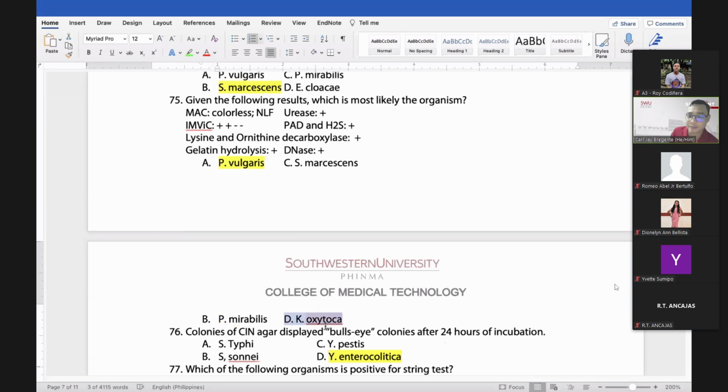Klebsiella again, remember, is a lactose fermenter. Serratia marcescens, although it's a non-lactose fermenter, is not H2S positive. So you go for vulgaris and mirabilis. How will you identify which it is? With the use of indole. Indole positive is vulgaris, indole negative is mirabilis. So it is indole positive, that is vulgaris, the correct answer.